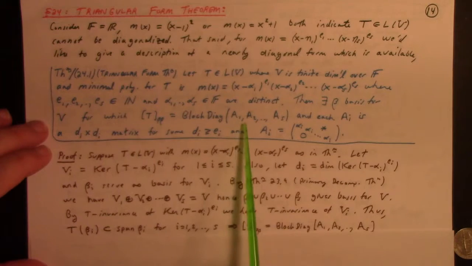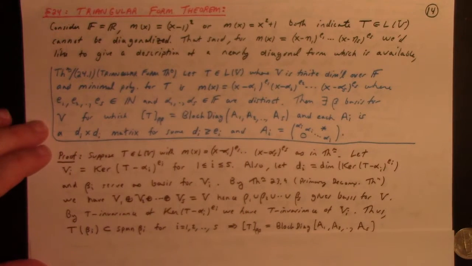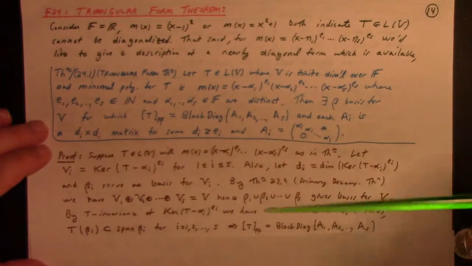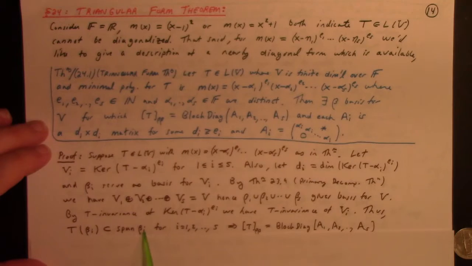That means the first d1 columns are only going to have non-zero entries in the first d1 rows, because that's where beta 1 is in the ordering of the basis. And the same goes for beta 2 and beta s. And if you think about what that means, the matrix of T is block diagonal of the form A1, A2, through As, where these are di by di blocks.